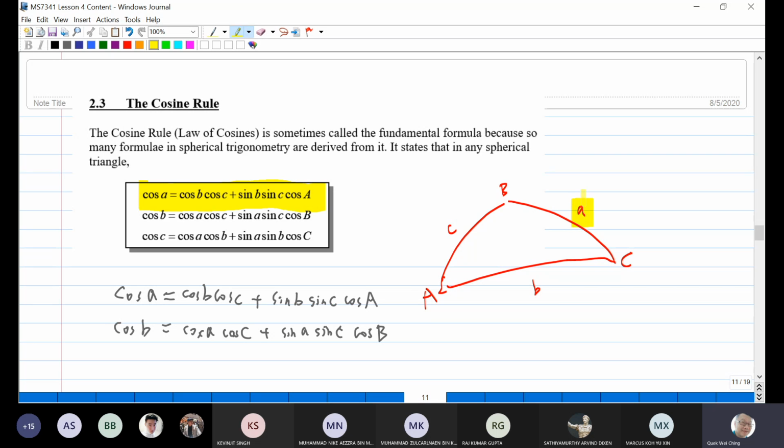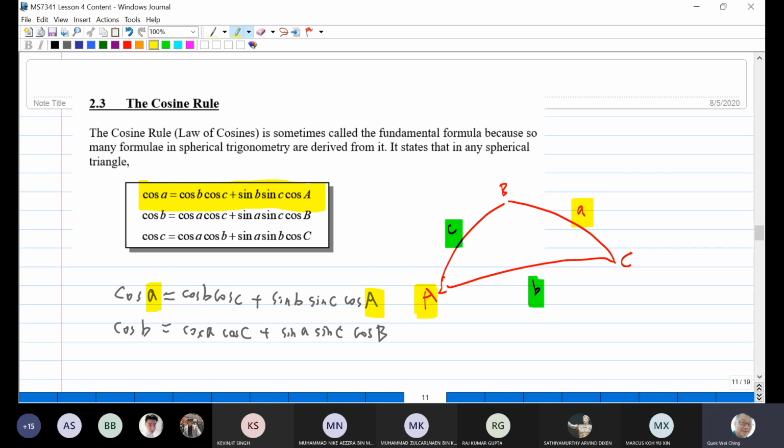To find the cosine of side A, you must have the cosine of side B, cosine of side C, plus sine of side B, sine of side C, and then finally the cosine of angle A. This is how you remember this formula. If I use a color code, cosine of side A, and lastly cosine of angle A.